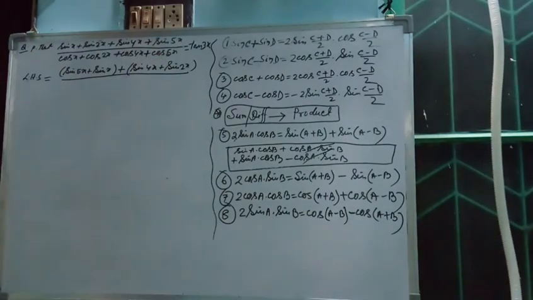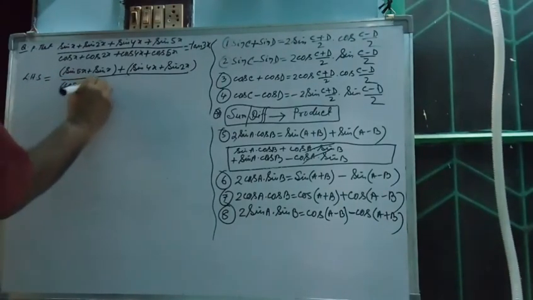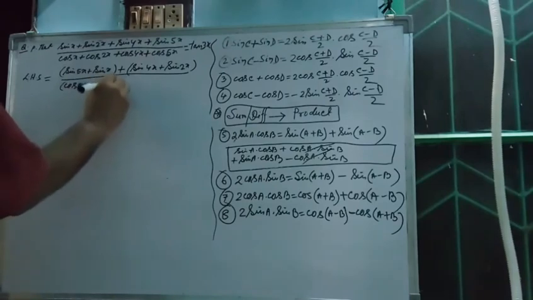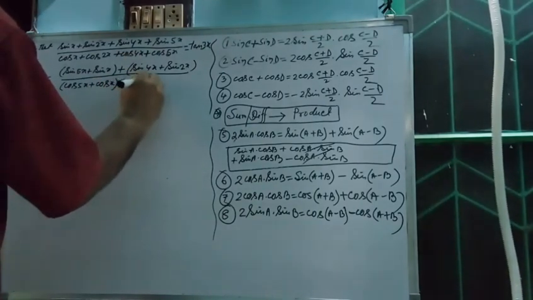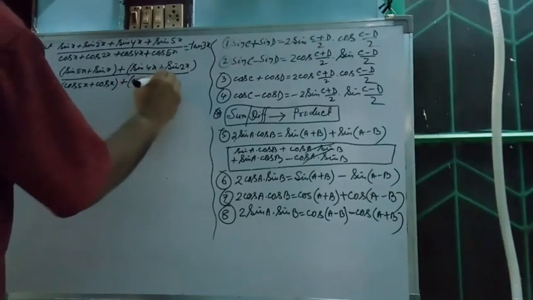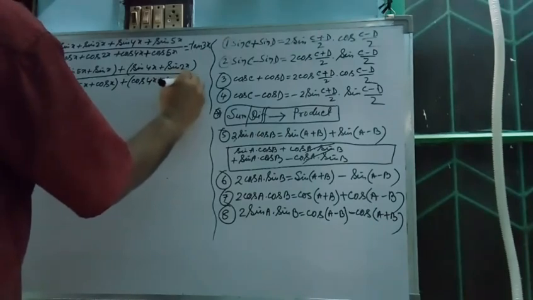In the same way, in the denominator, we will write cos 5x plus cos x, plus cos 4x plus cos 2x.